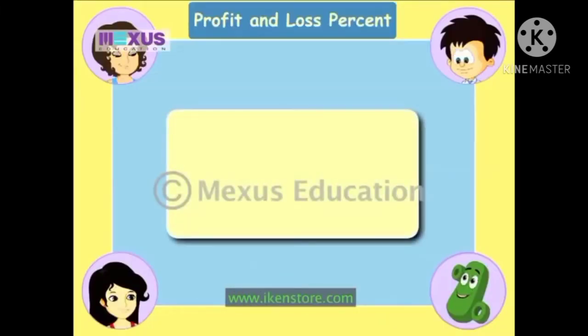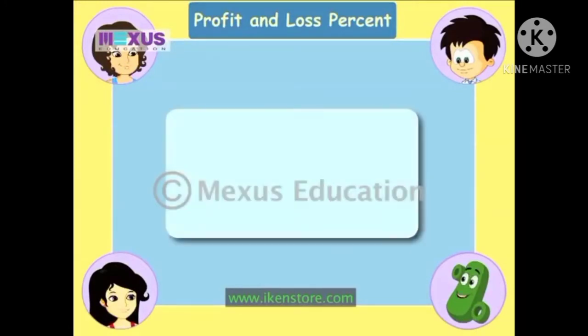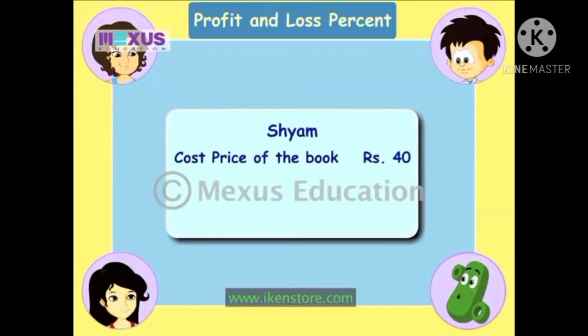First, tell me this. If Ram bought a pen for rupees 10 and sold it for rupees 20, what is his profit? Oh, I know. It's rupees 10. How? Because profit is selling price minus the cost price. Good. And if Sham bought a book for rupees 40 and sold it for rupees 50, what is his profit?